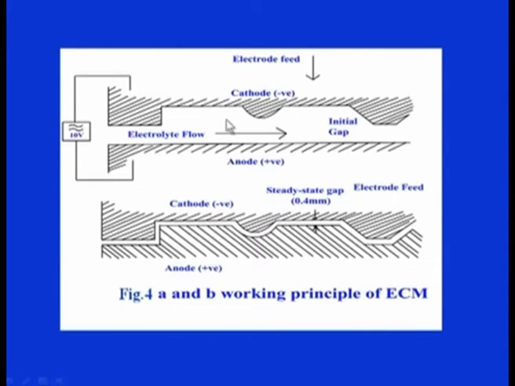This gap, which was initially uneven, somewhere here was the minimum gap and somewhere here was the maximum gap. After some time, as the electrolysis takes place, this gap will come to be a uniform gap throughout, and the process will continue further. This is basically the working principle in ECM.